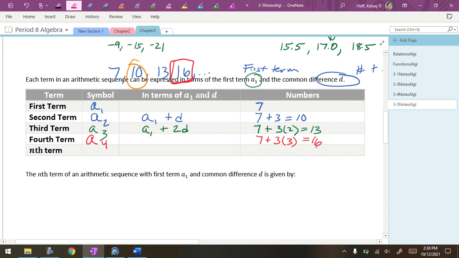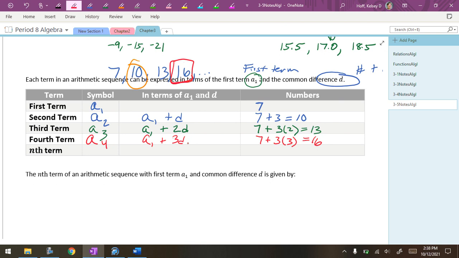Nicely done. So we go back here. How would I write it in symbol format? A1 plus 3D. Do you notice a pattern? If I put another one in here that said the fifth term would be A of 5, it would equal A1 plus 4D. Okay, very good.